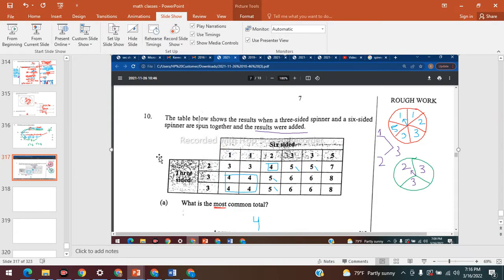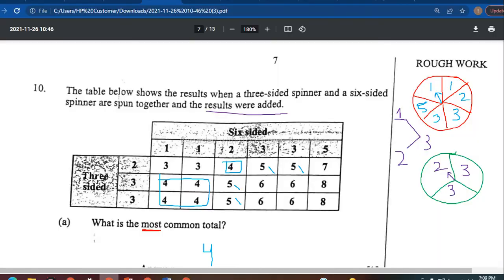Miss Petit? Yes, ma'am. Go ahead. Isn't there 3 six times? We have 3 here and here, just those twice.